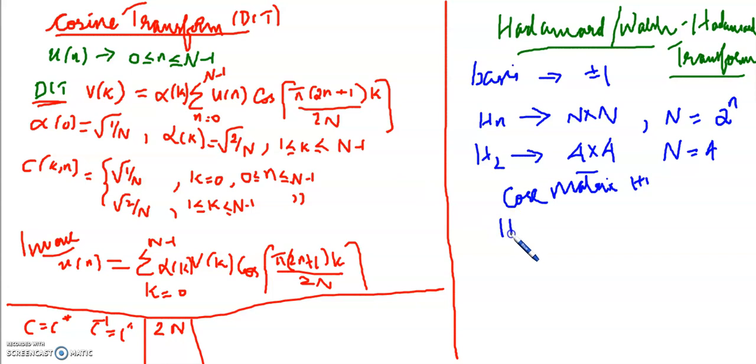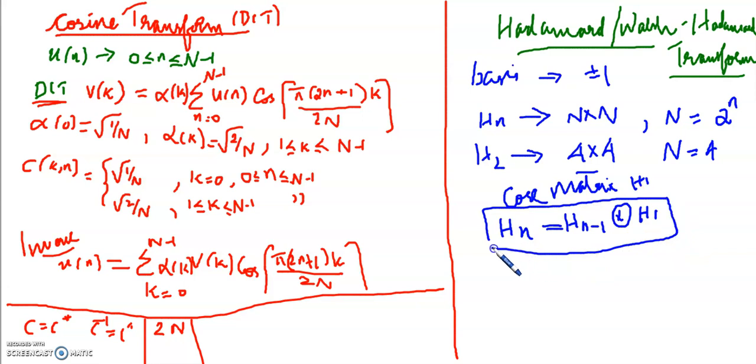So if I want to find the Hadamard matrix of order n, Hn will be Hn minus 1, the Hadamard matrix of the previous order, Kronecker product H1. This equation can be used to find the Hadamard matrix of any order. The only thing is you have to know the core matrix H1.